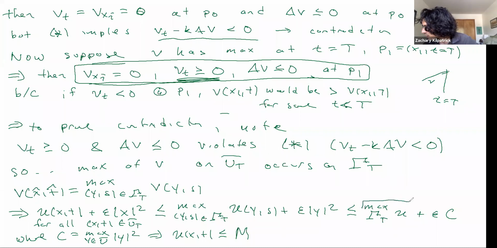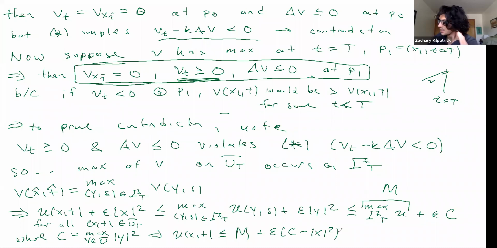This m is the thing that I defined at the beginning of my proof. Remember, at the very beginning I said m is just going to be the max of u over this boundary domain. So now I have u bounded from above by m plus epsilon times c minus the magnitude of x squared.